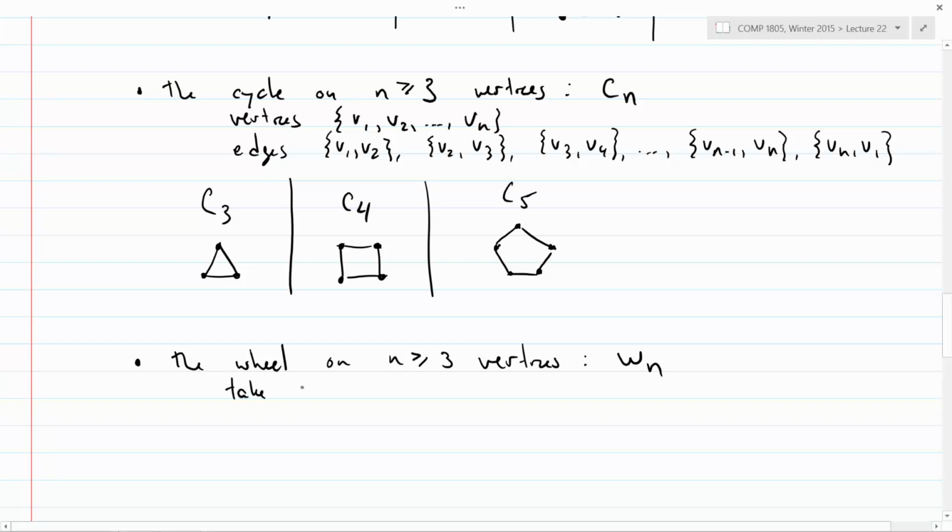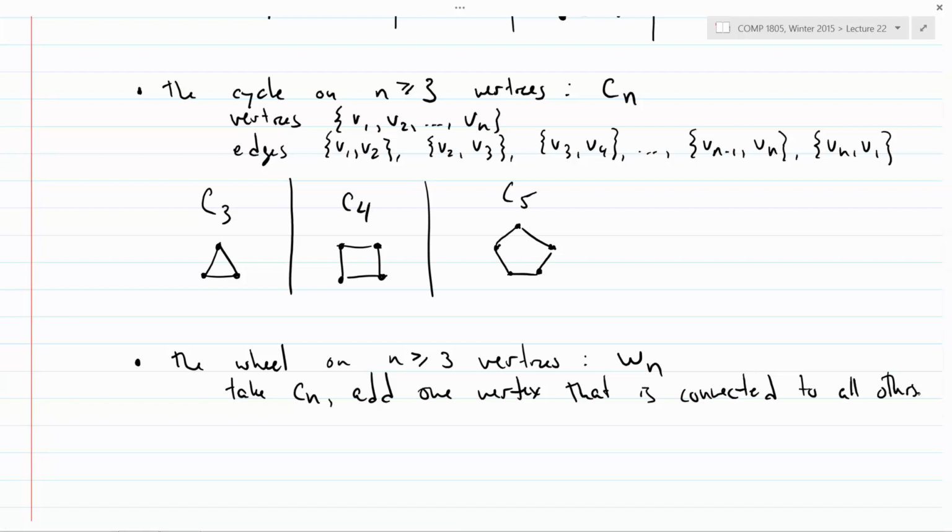So you take Cn, add one vertex that is connected to all others. A consequence of this is that Wn actually has n plus 1 vertices, which is kind of annoying, but that's how I'm going to define it.